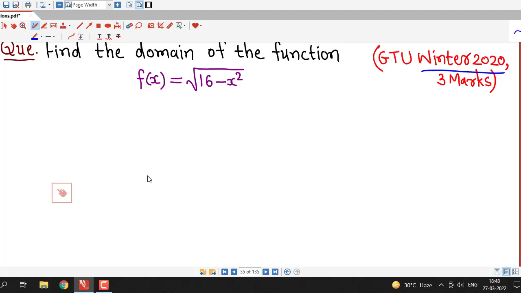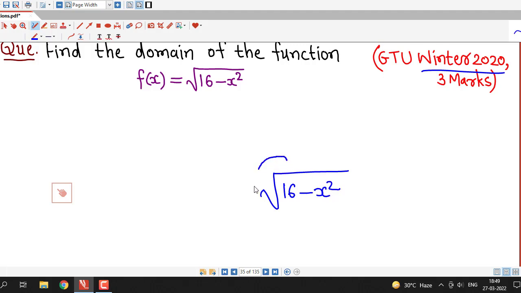So we are already familiar with the domain of function. The domain of function is the set of values at which our function is defined, and here our function is given as f(x) equal to square root of 16 minus x square.